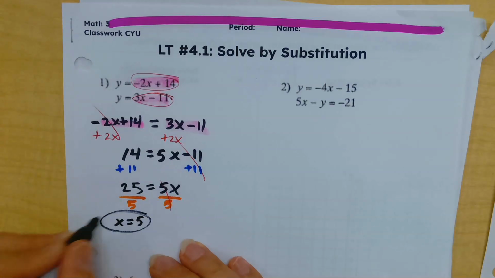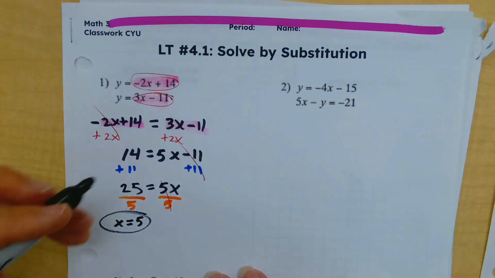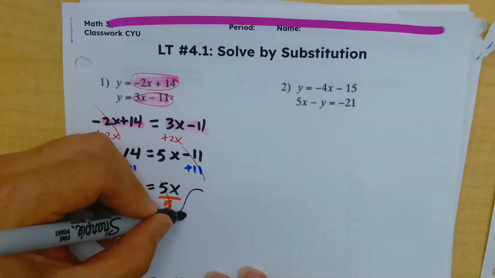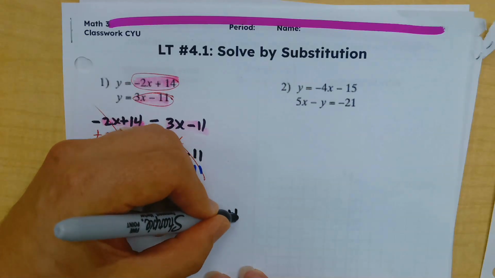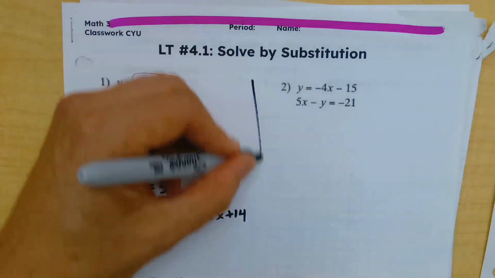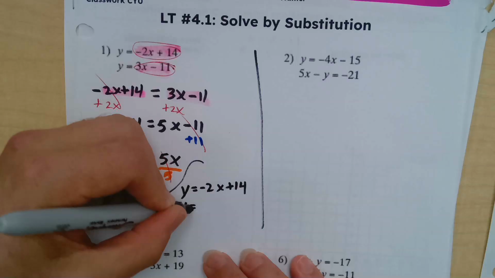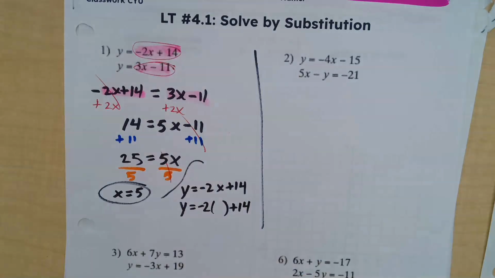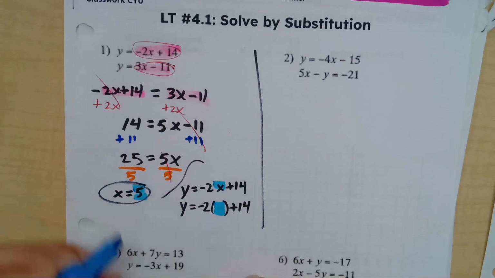Okay. So now I could plug it into one of these equations. It doesn't matter which one. Let's say y equals negative 2x plus 14. Okay. So I have y equals negative 2, so I'm going to replace this x with 5.